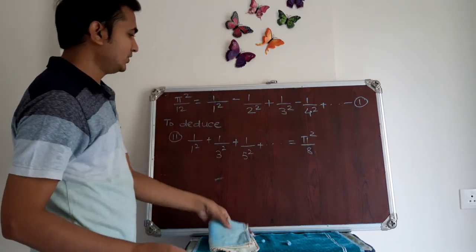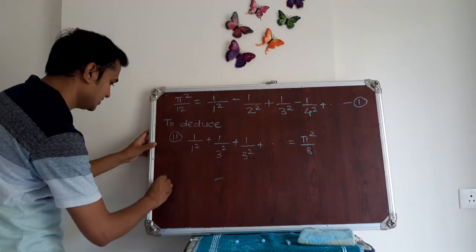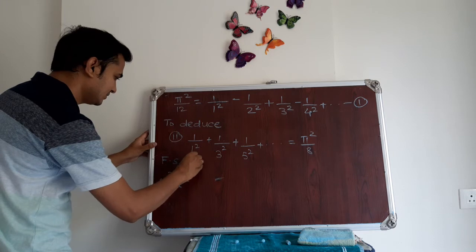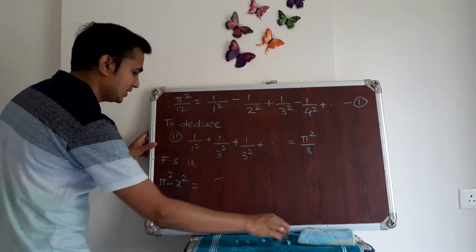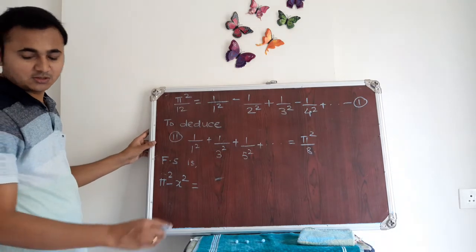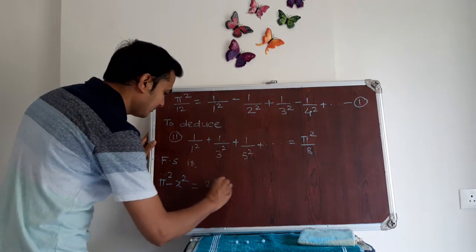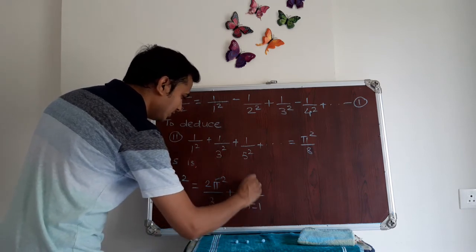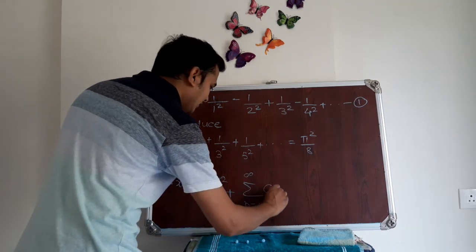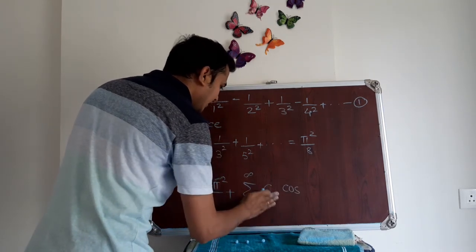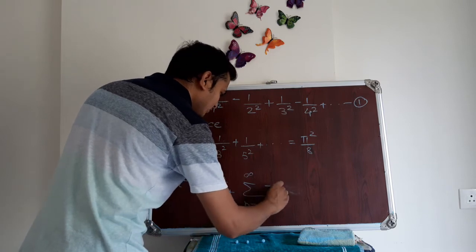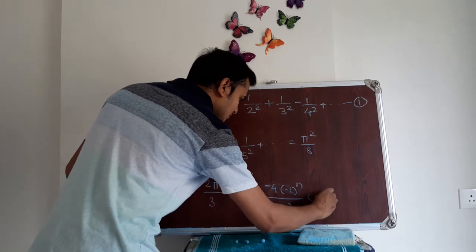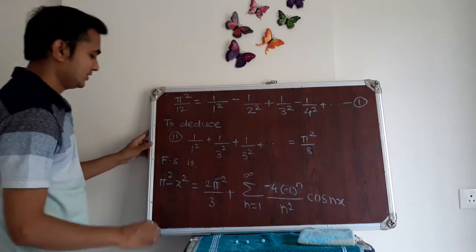So what we have is the Fourier series of f of x equal to pi square minus x square: pi square minus x square equals a naught by 2, that is 2 pi square by 3, plus summation n running from 1 to infinity of a n cos nx, substituting, minus 4 into minus 1 raised to n upon n square cos nx.